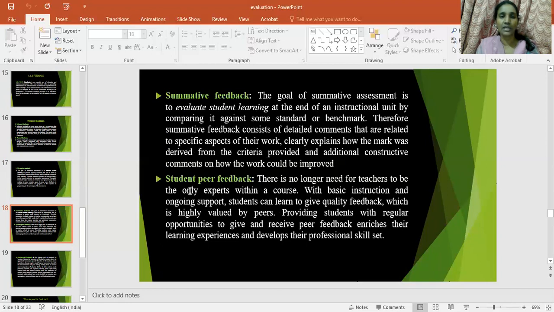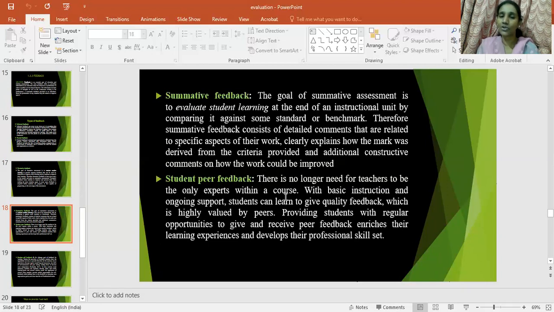The next type of feedback is student peer feedback. Student peer feedback means the same age mate, or you can say the student's friends. Here there is no longer a need for teachers to be the only experts within a course.